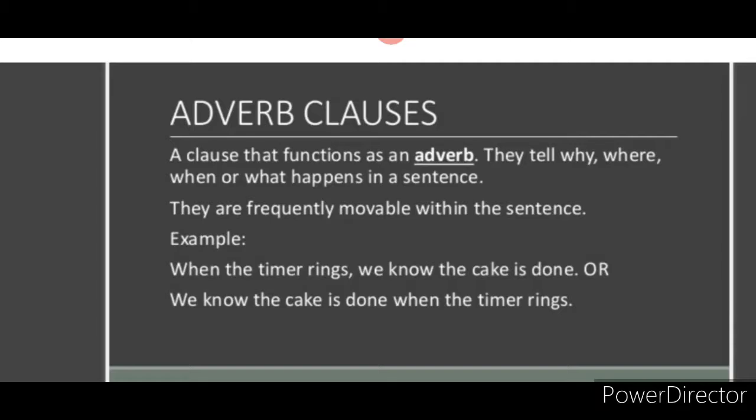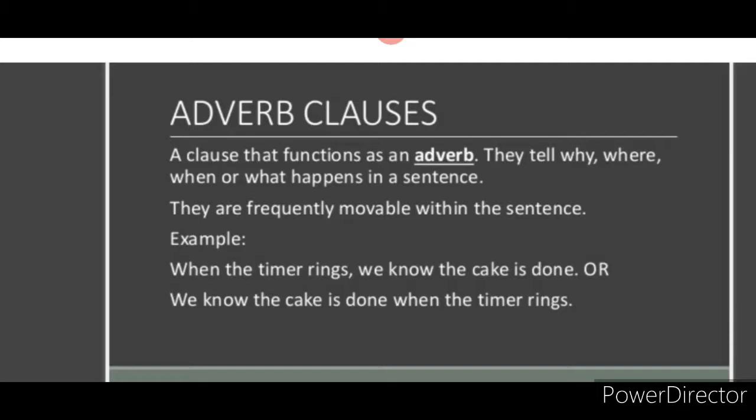Or we can also write that we know the cake is done when the timer rings. Here when is the subordinating conjunction. The timer rings describes the verb. So that is the adverb clause.